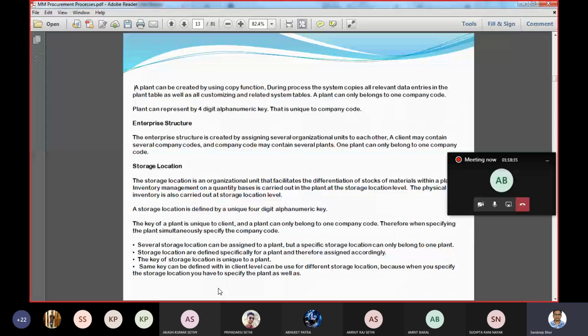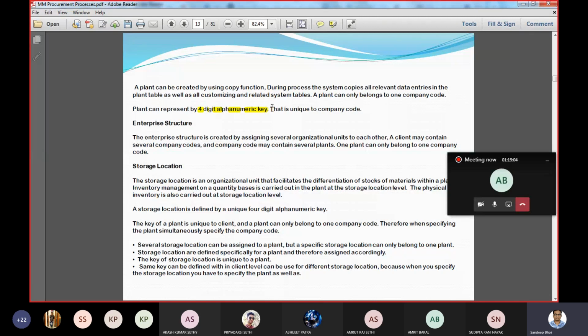A plant can be created by using the copy function, which you can see in customization, and it is represented by a 4-digit alphanumeric key.